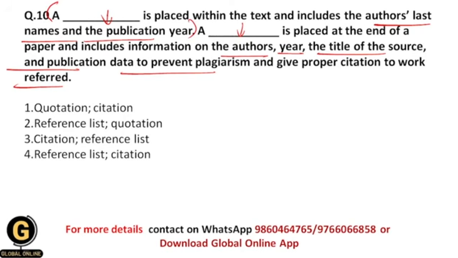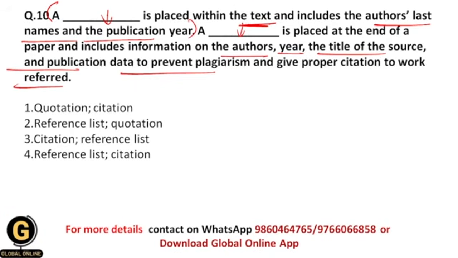Over here they have asked what the word is which is placed within the text and includes the author's last names and the publication year. So basically it is called what, students? It is called a reference, or a citation, right?